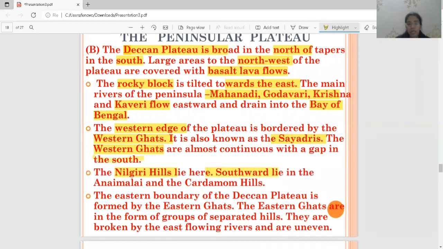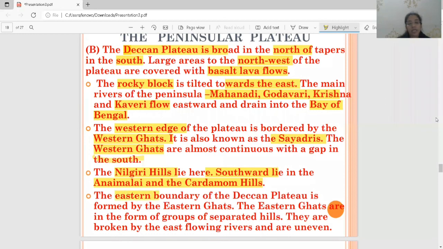Southward, if you go, there are the Annamalai Hills and Cardamom Hills. So the western edge has the Western Ghats, known as Sayadris. The Nilgiri Hills are also here, and southwards are the Annamalai and Cardamom Hills.